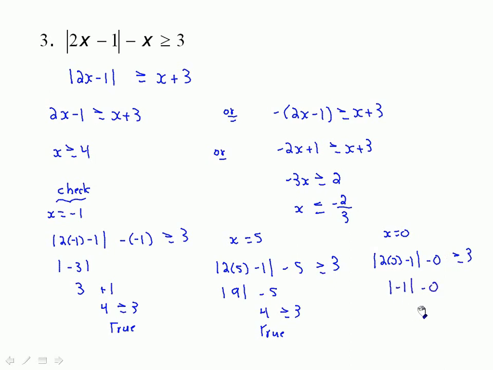So that's 1 minus 0 is 1, greater than or equal to 3. False. It should be false. So therefore, I'm satisfied anyways that the solution set is x is less than or equal to -2/3 in union with x is greater than or equal to 4. And that will suit you fine.